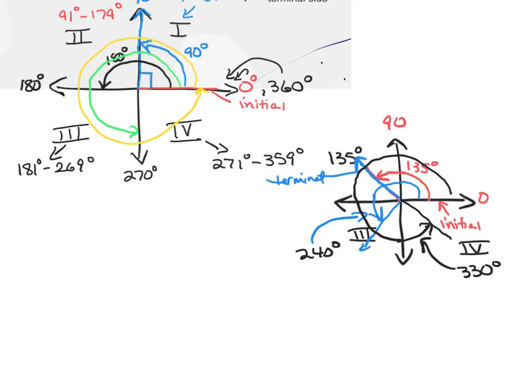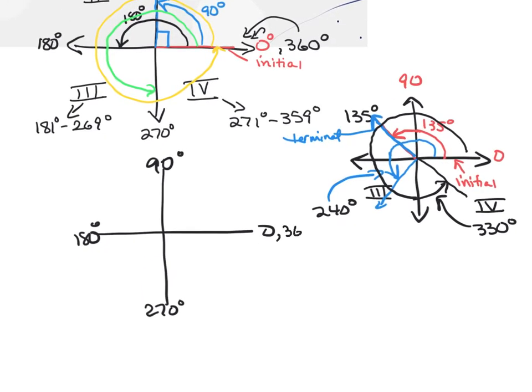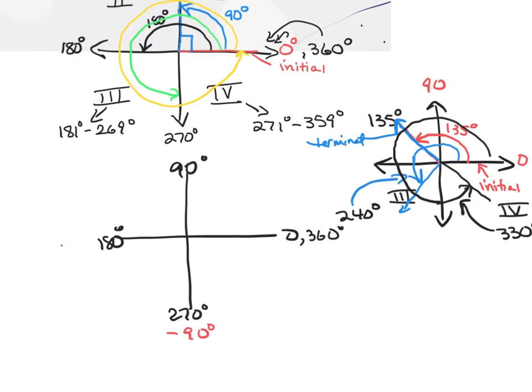If you want to draw a negative angle, remember the positive values are these. If you go back the other way, this is really negative 90, also negative 180, negative 270, and then negative 360.